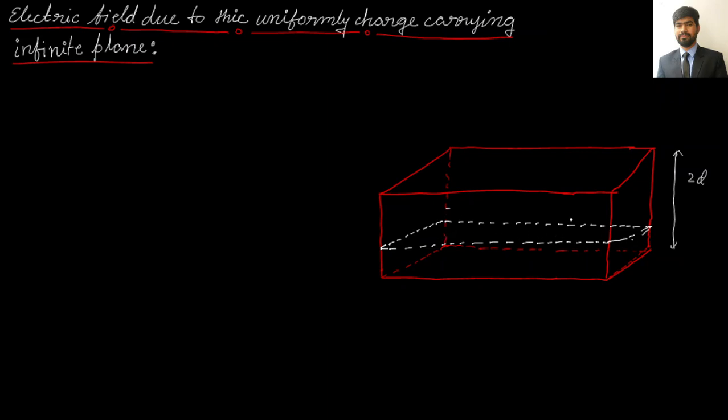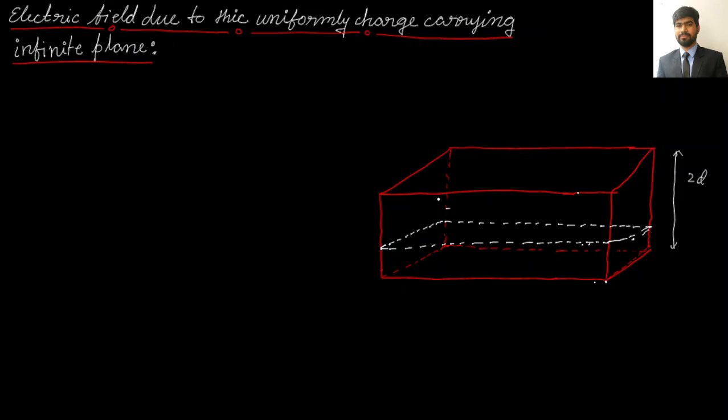From this layer to the top surface will be Z equals d, and from this layer to the bottom surface will also be d. Or you can say, on the mid surface Z equals 0, on the bottom surface Z is minus d, and on the top surface Z is plus d.